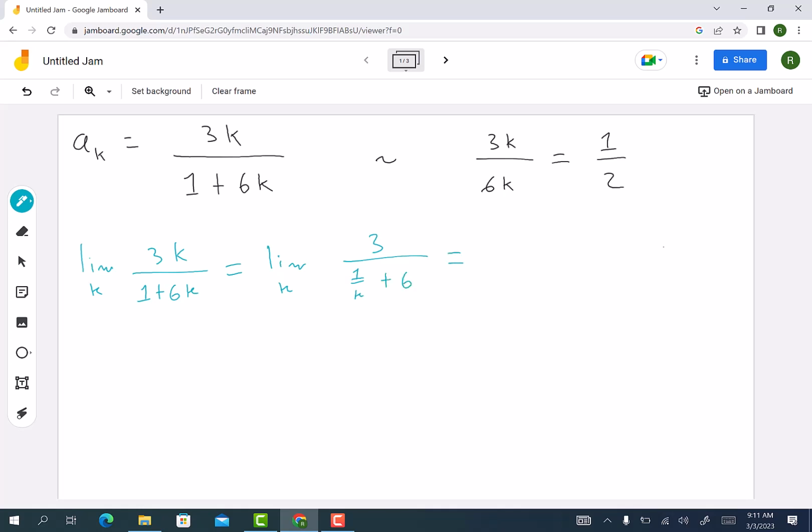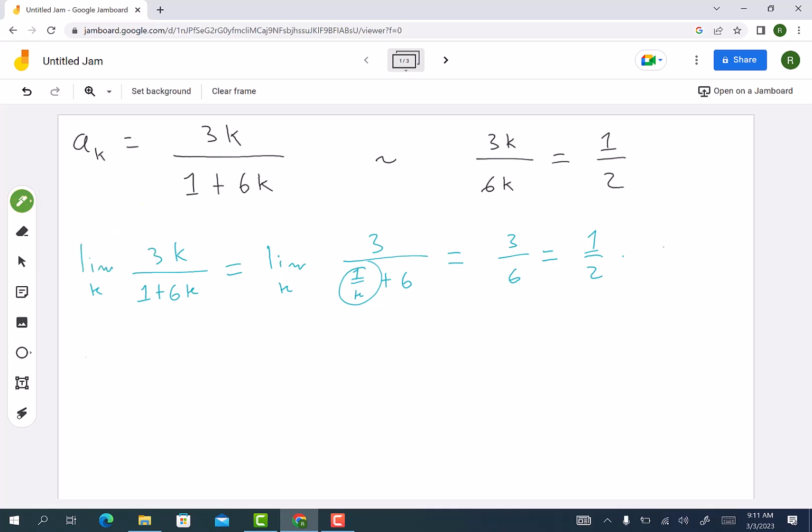Okay, and because the function 3 over x plus 6 is continuous, as long as x plus 6 is not equal to 0, I can move the limit in there, and the limit of 1 over k is equal to 0. This is 3 over 6. This is equal to 1/2. Okay, and so that's one way to show that the limit is 1/2.